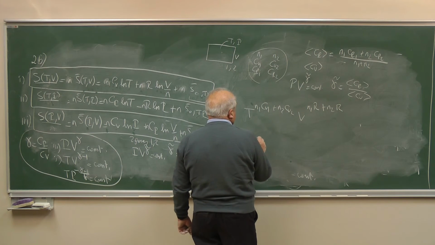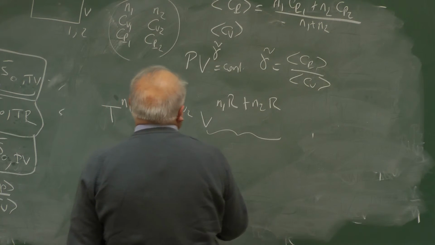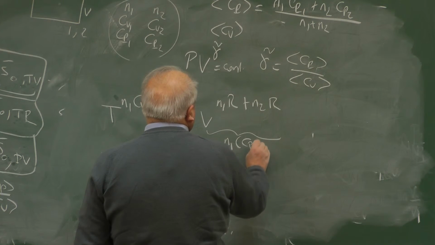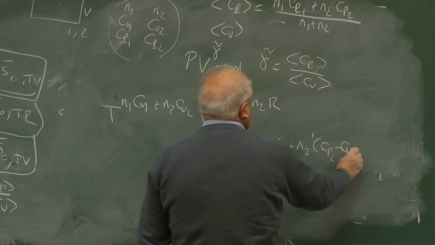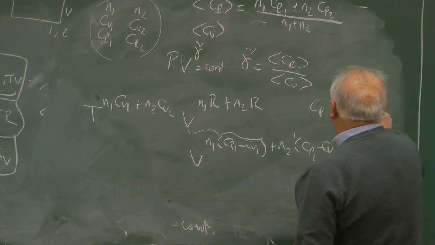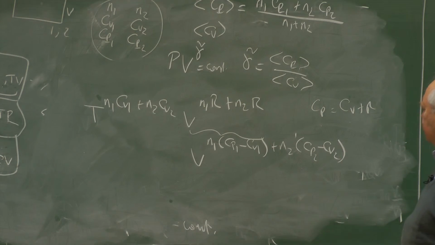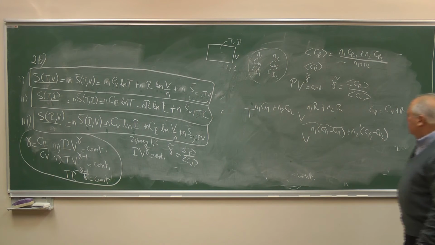Since the gases are ideal, I can write this power as V to the power N1 (CP1 minus CV1) plus N2 (CP2 minus CV2). Because for any ideal gas, Cp is equal to Cv plus R. If it's monoatomic or diatomic or polyatomic, Cv changes, but this relation holds.